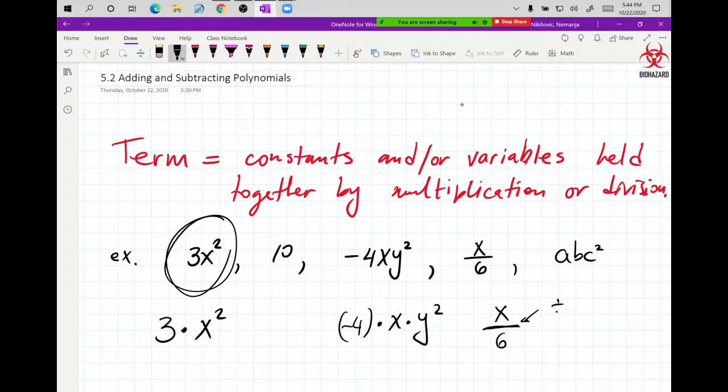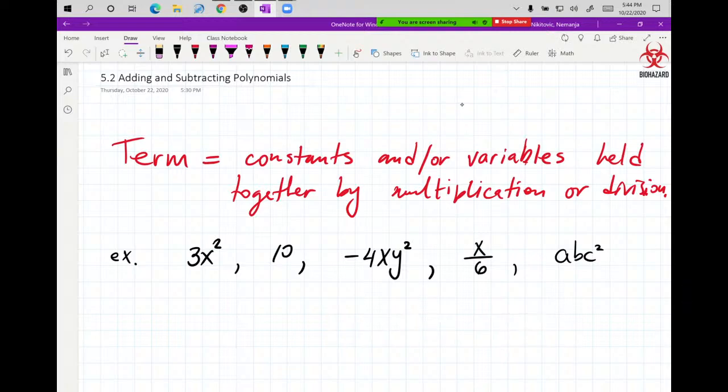So the terms are always entirely made out of constants, which are the numbers, and then the variable part, which can contain multiple variables. And those are all glued together using multiplication or division.